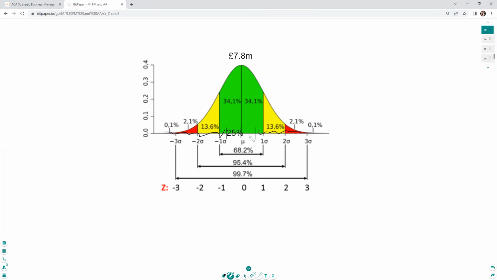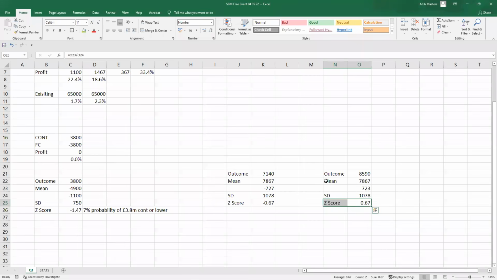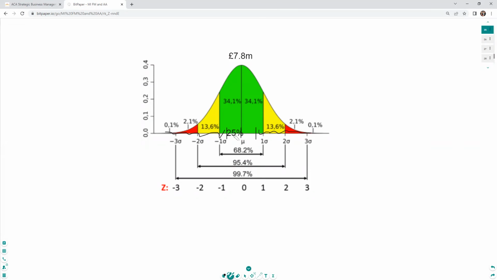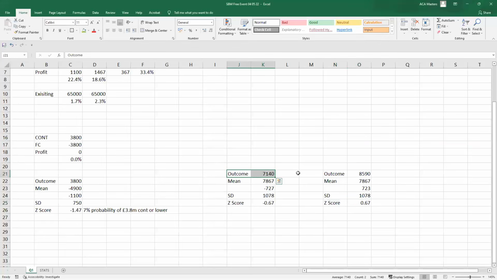So again, you can see that this data follows normal distribution. However, this one was harder to work out, because we know there's a 25% probability it's between this and the mean.